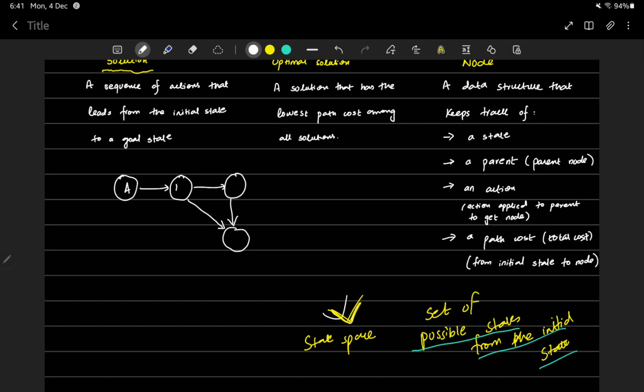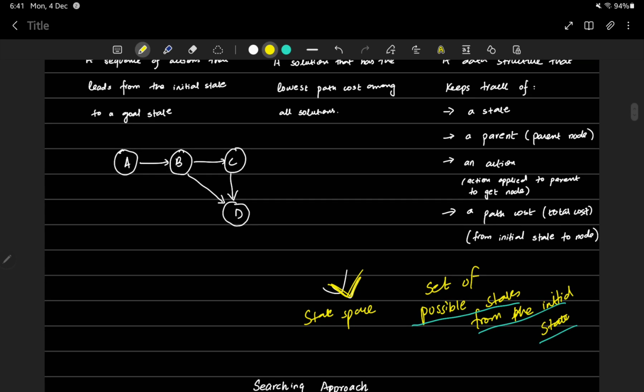So this is A, this is B, this is C, this is D. Now let's say the cost from going from A to B is 1, this is 1, this is 1, this is 1. It's the same, it's uniform cost, right?